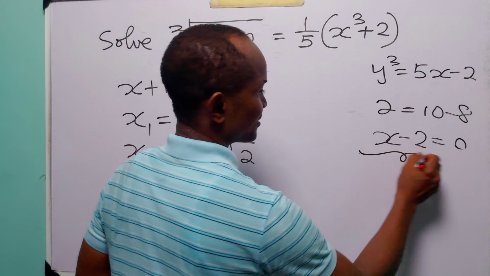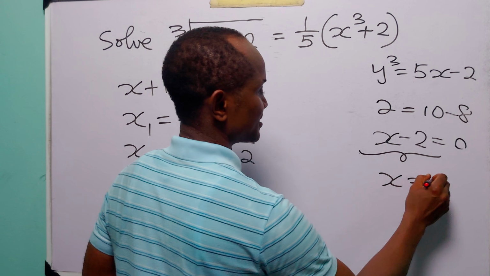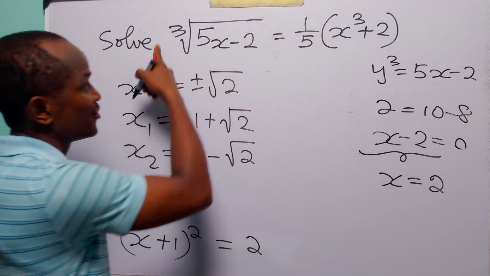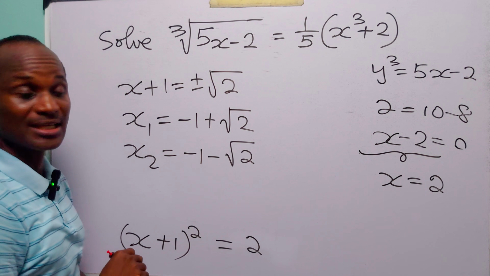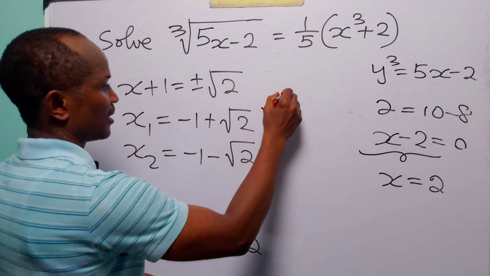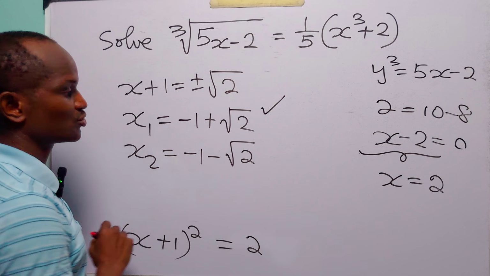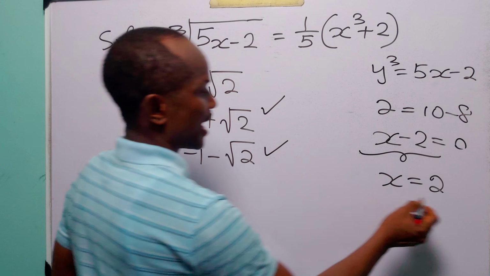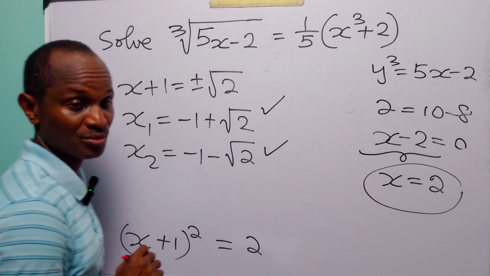And of course, going back to this equation, we have that x is equal to 2. So there are 3 real values of x that satisfy this equation. We have −1 + √2, we have −1 − √2, and we have x equal to 2.